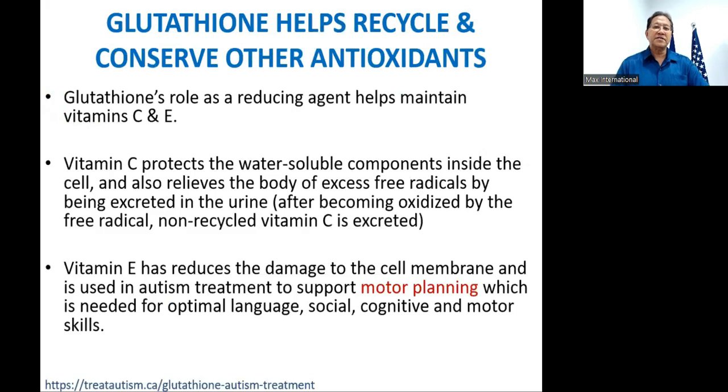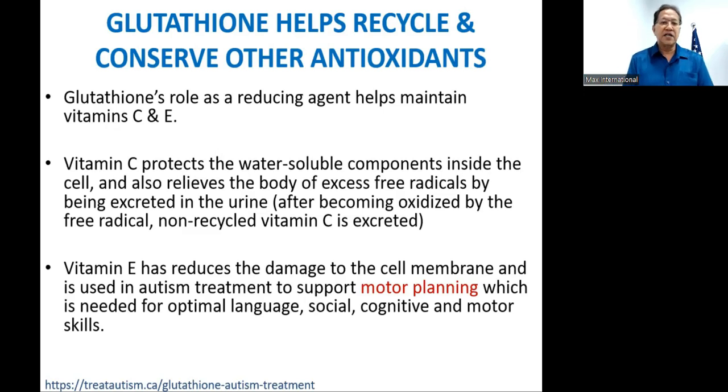Okay. As mentioned earlier on, glutathione helps recycle and conserve other antioxidants. Glutathione's role as a reducing agent helps maintain vitamin C and E. Vitamin C protects the water-soluble components inside the cell and also relieves the body of excess free radicals by being excreted in the urine, right? So vitamin C, after being oxidized, 2 things can happen. It can be rescued by stronger antioxidants, or if it's not rescued, then the body just gets rid of it in the urine.